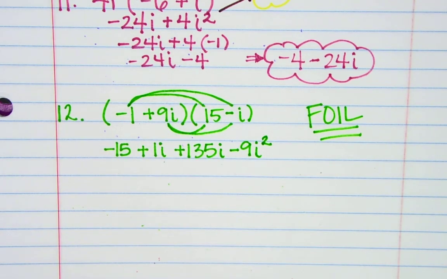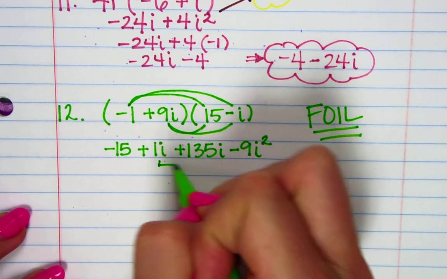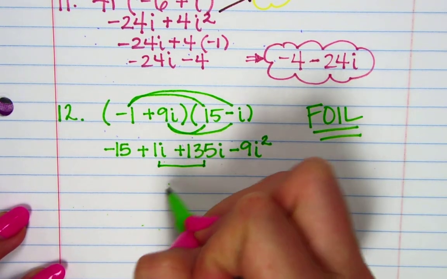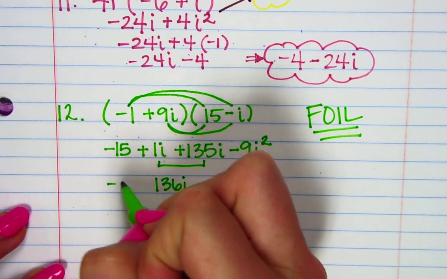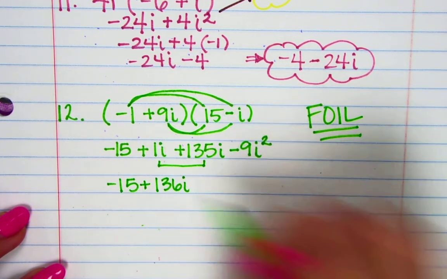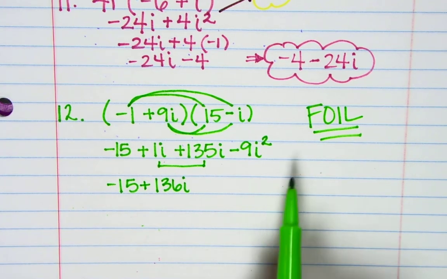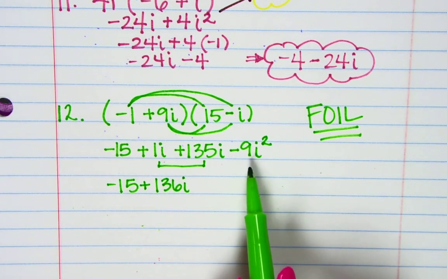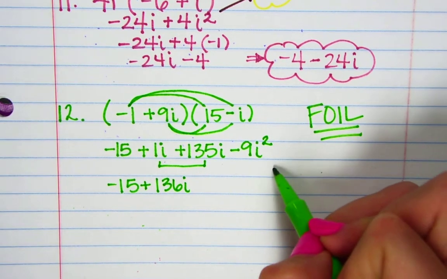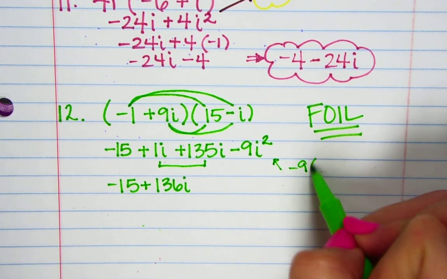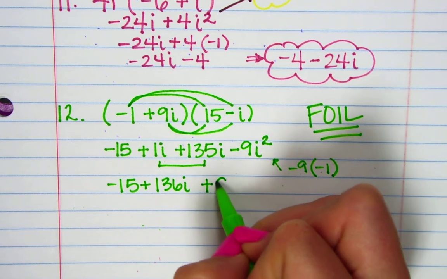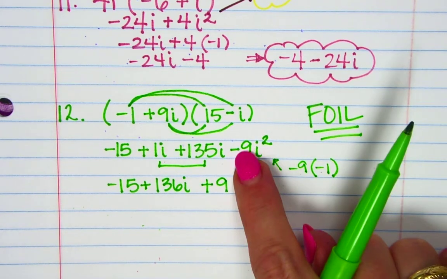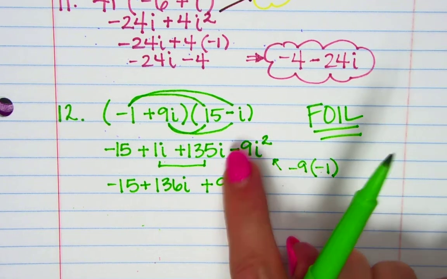Then we're not quite done. What do we need to do? Combine like terms. That gives me, what's 1 plus 135? 136. And we need to do something else. i squared, right? That becomes negative 1. 9 times negative 1, which is positive 9. Basically, it takes this number, takes the i away, and changes the sign.